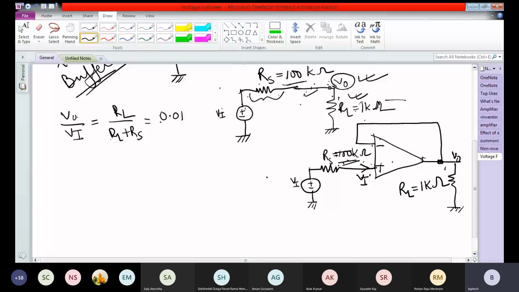Therefore, almost the entire voltage, ideally actually the entire voltage Vi falls here.